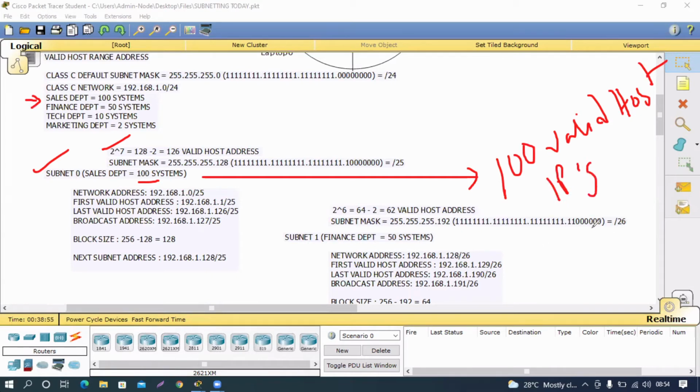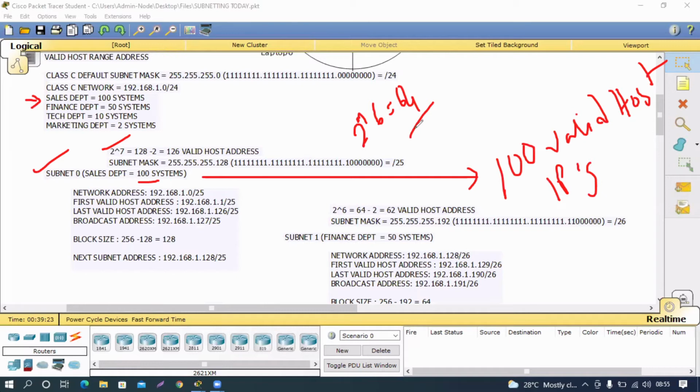So in this particular case, which power of 2 gives you a value which is more than 100? Which value is bigger than 100? You have to find it. So 2 raised to 6, if we take it, then we are getting 64, right?